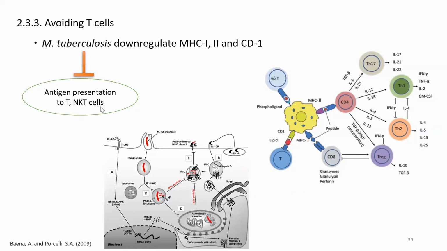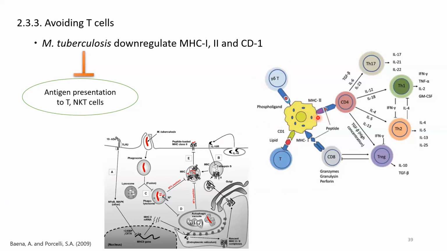We know the normal steps after bacteria are ingested by macrophages. We have gamma delta T cells, T cells, and NK T cells that gather to try to get rid of these bacteria.